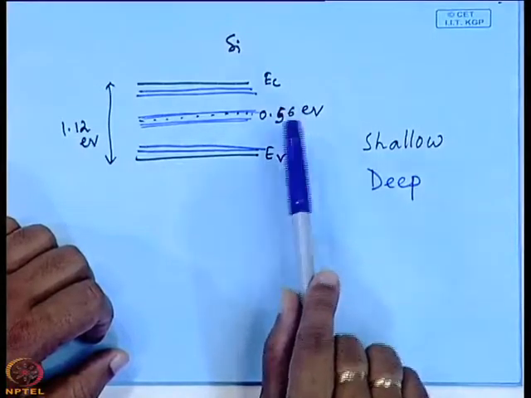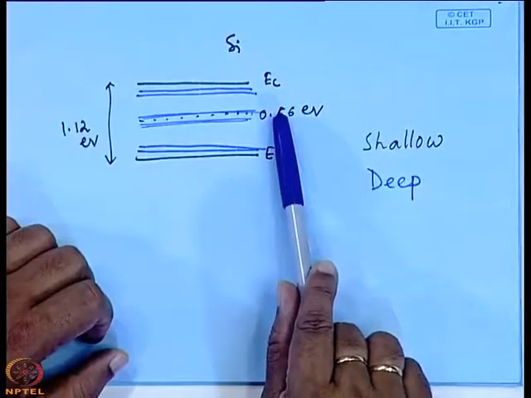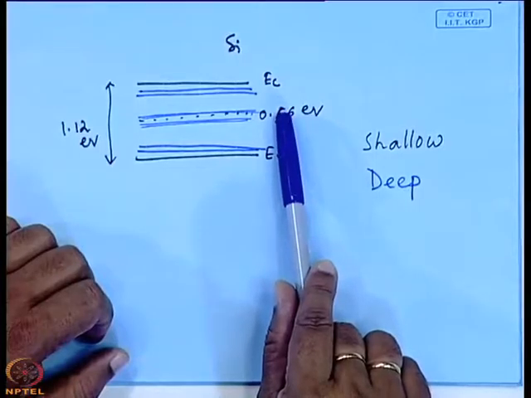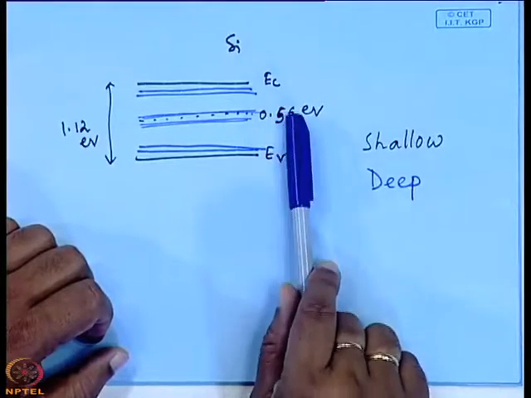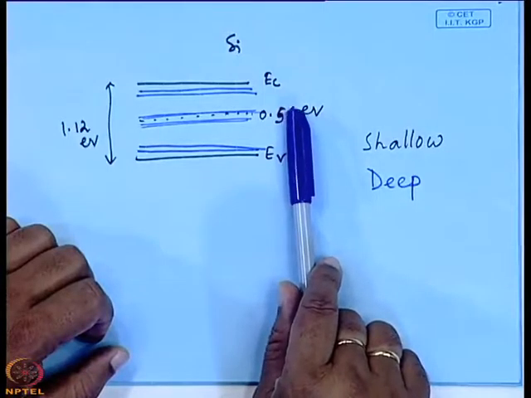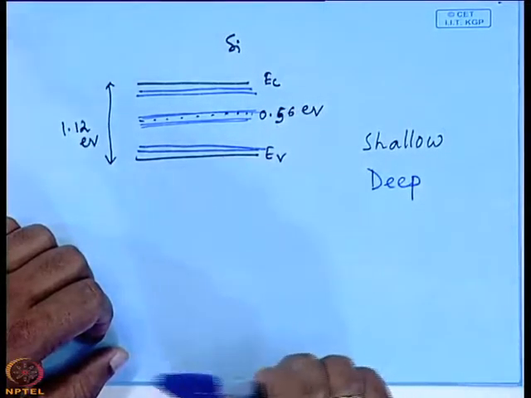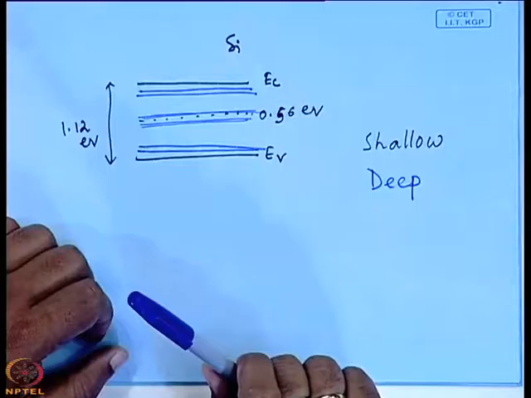But if there is a deep level, the ionization energy is so high that at normal room temperature or operating temperature, the impurity will not be ionized. So, if they are not ionized, they will not give you the electron or hole for the conduction mechanism.